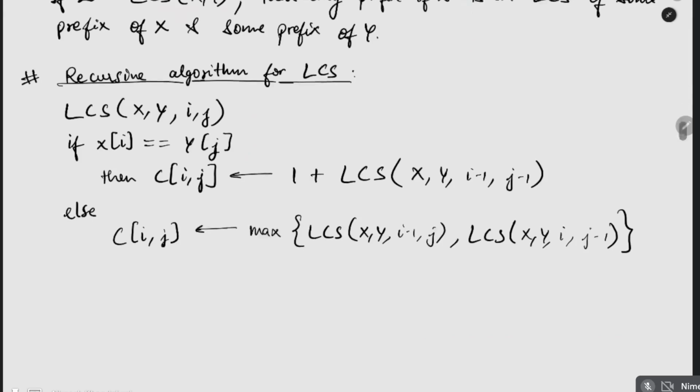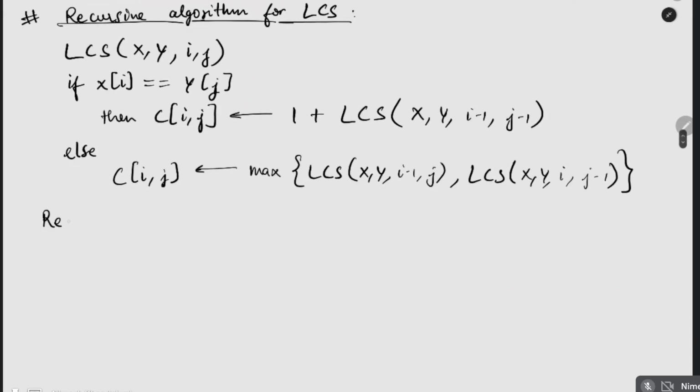So how does the recursion tree look for this? Let's say m equal to 3 and n equal to 4, then we start at the last indices, so we start at i equal to 3 and j equal to 4.